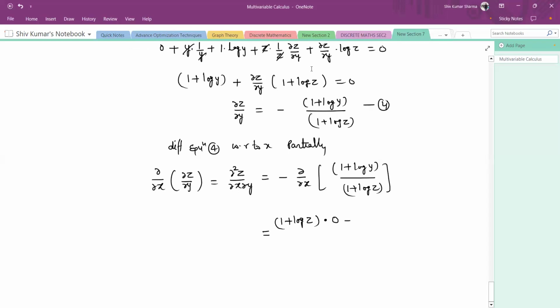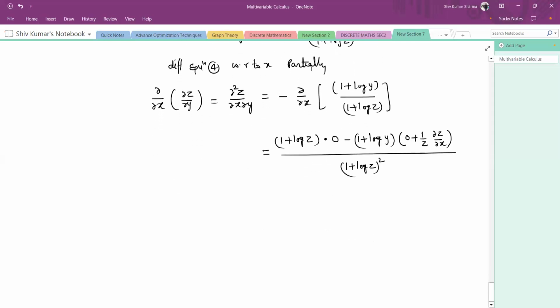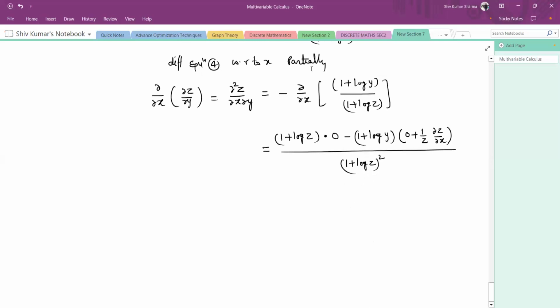Minus, we have the numerator 1 plus log y into the differentiation of the denominator. The differentiation of 1 is constant, plus differentiation of log z, which is 1 upon z into differentiation of z, del z upon del x, upon the denominator squared, so 1 plus log z to the whole square.